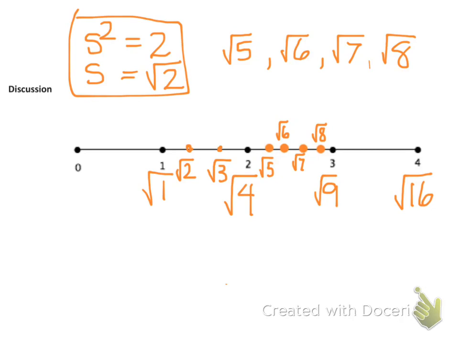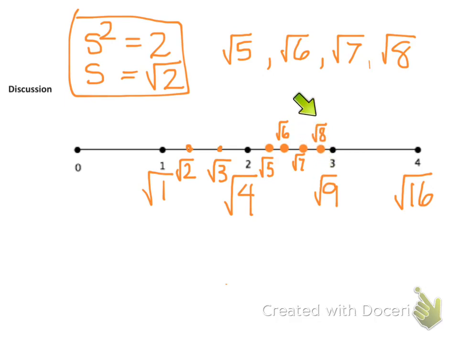on the number line between the square root of 4 and the square root of 9. Because if you think about it, the number that multiplies by itself to give you 8 must be a little bit smaller than 3, because 3 times 3 is 9.